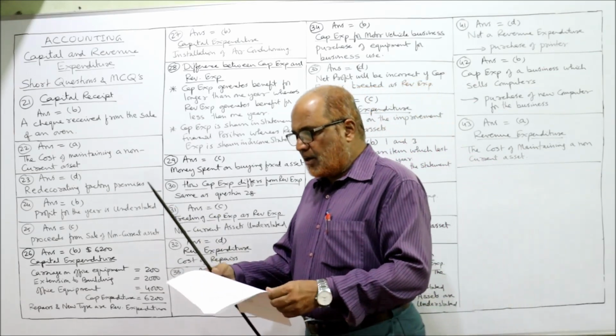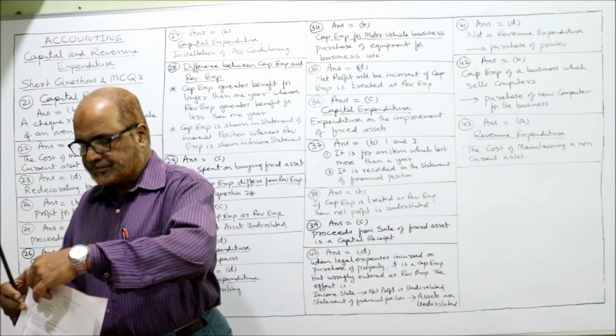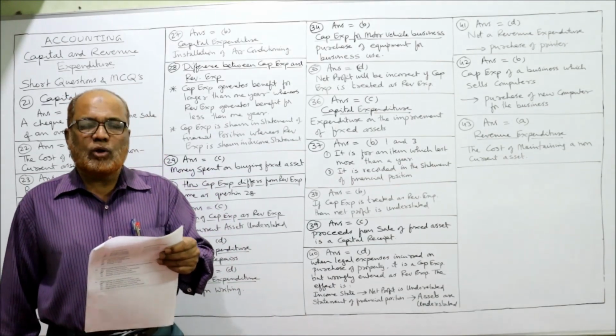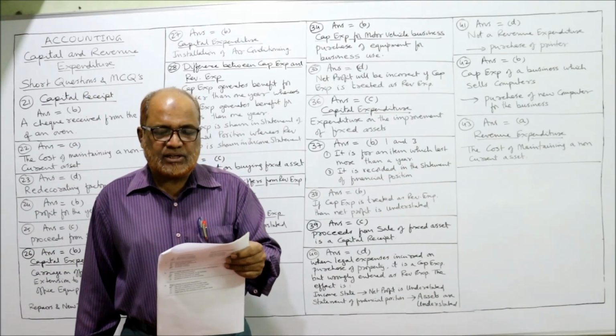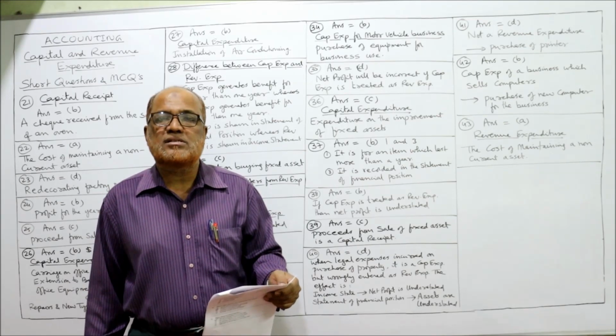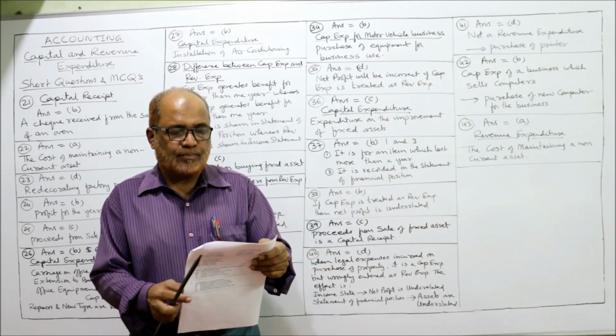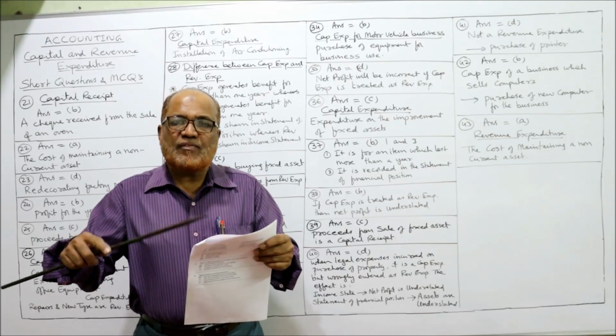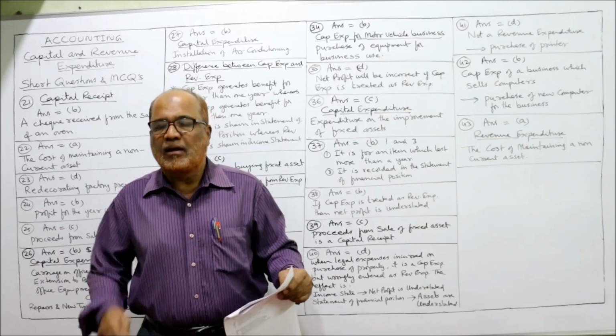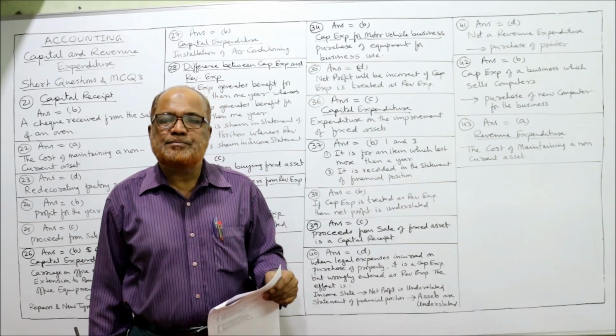33 completed. Now come to 34th problem. Which of the following would be regarded as an item of capital expenditure for a motor vehicle business? Business is a motor vehicle business. Which is the capital expenditure? First, purchase of car for resale. It's a revenue expenditure.